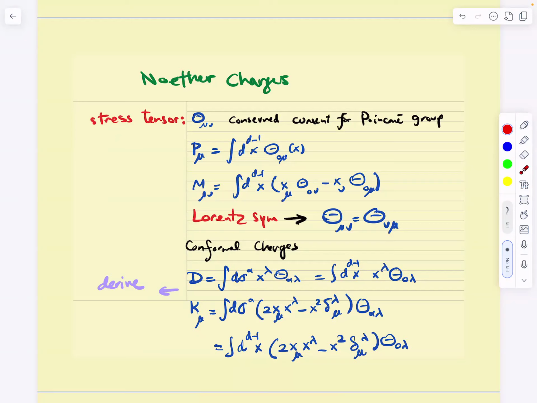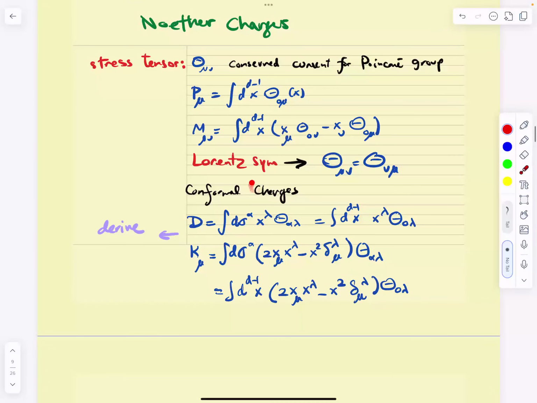Now, what about the conformal charges? The conformal charges, well, you could calculate using Noether's theorem. You can calculate the current. Here's another current for scaling. And if you integrate that on a constant time slice surface or some codimension one surface, this is the normal to the surface, which is a vector. I don't know if this notation is familiar, but if it's unfamiliar, just think of it this way.